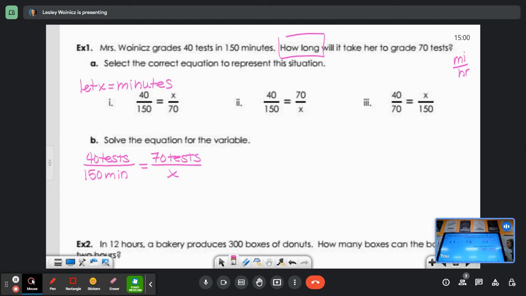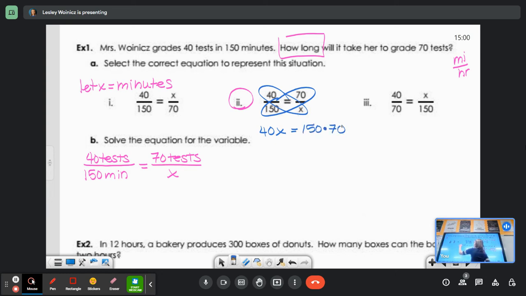Good. All right. Which one is this? Second one. Okay. Now we can just solve it for the variable. So we can do 40 times x. That is 40x. 150 times 70.